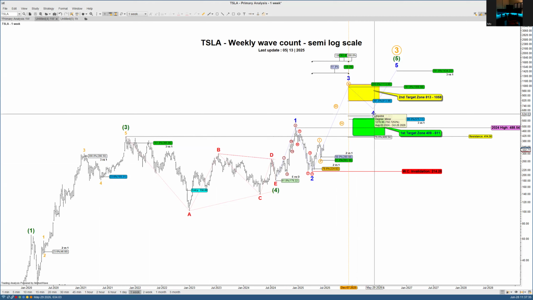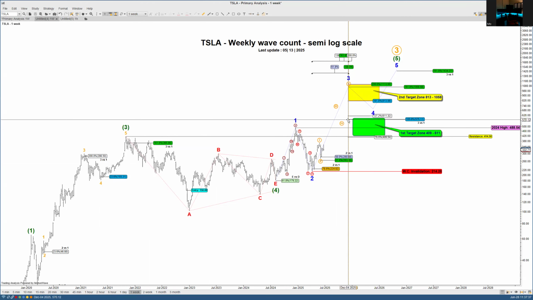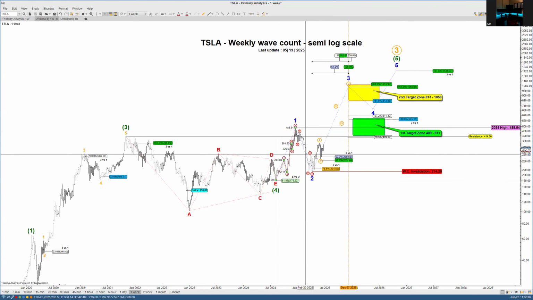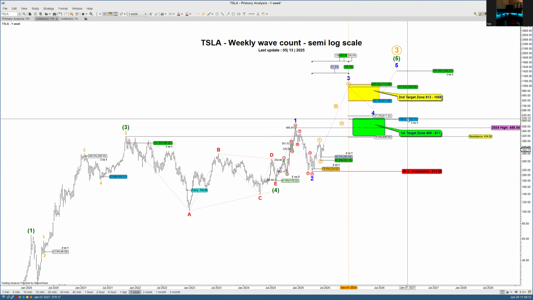But if Tesla really is gonna make a move by December, okay? I mean, if this holds the way it is, 575 is a 100% time relationship by December 7th of 2025. I have it here for now, which is this. So basically a measured move projected from this low to see if we can get to 100.